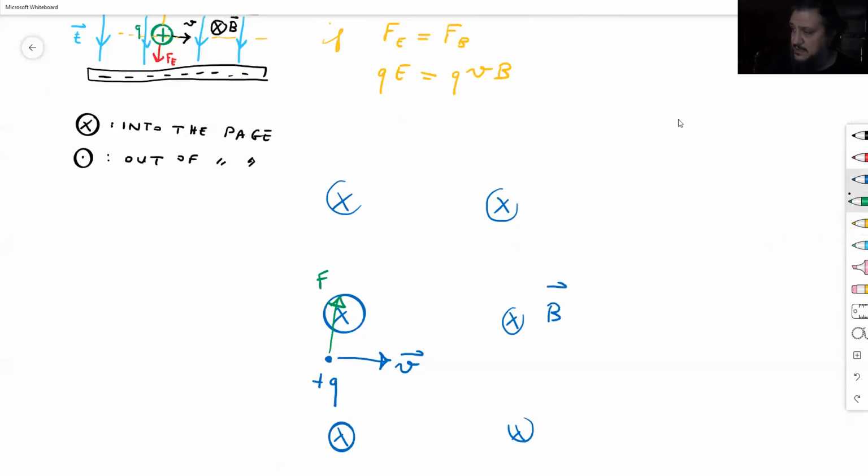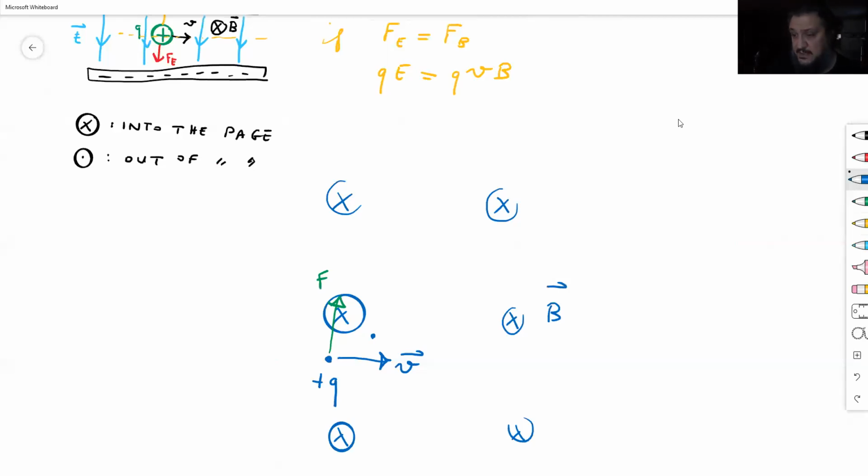So it's going to end up here. Okay, I'm exaggerating right now, but if it's moving from this point to that point, this means the velocity vector changes direction. That's what happens when there's a force, right?